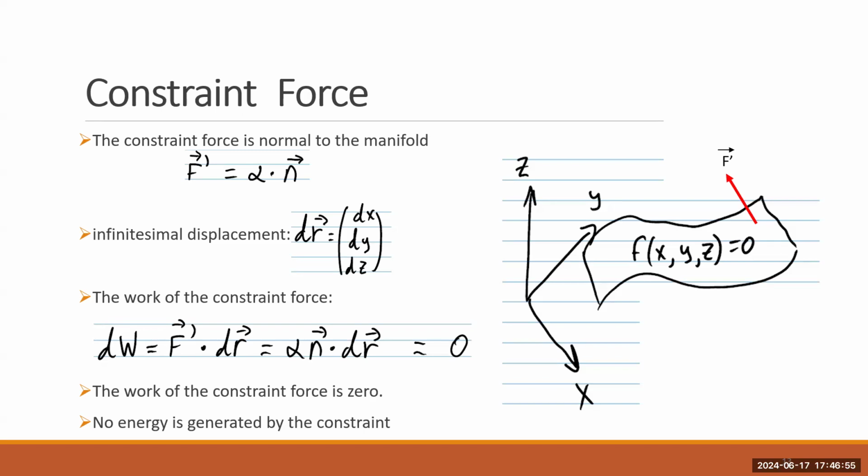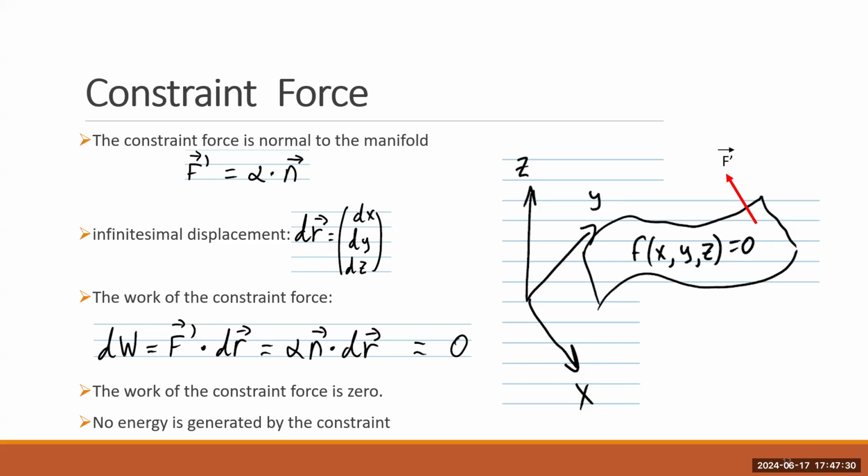Then the work that this force does when the particle moves along a distance, work being force times displacement, the infinitesimal work along dr is simply f dot dr. And f dot dr is alpha n dot dr.